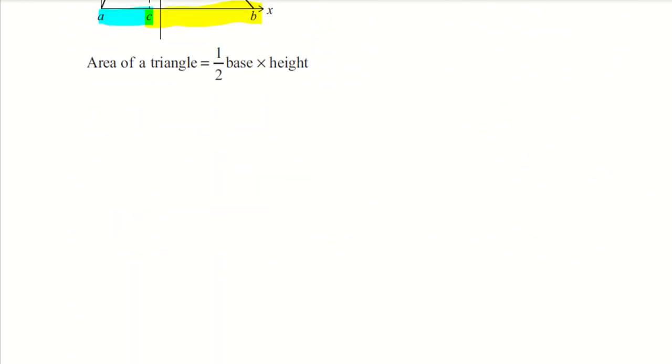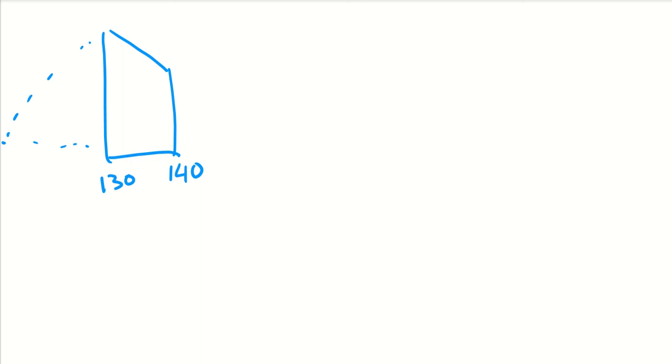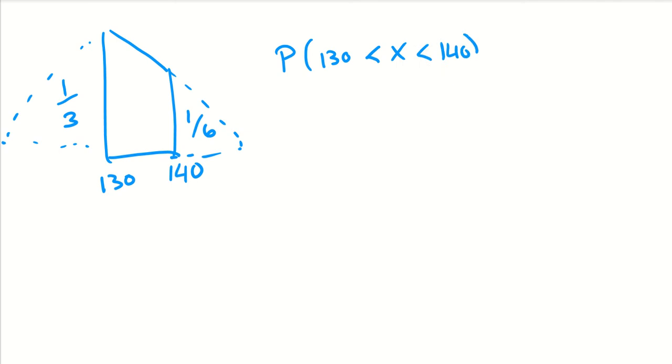So let me just jump down and find some space here. So what I want to do now is I want to find the area between 130 and 140. Now I know that this piece over here is a third. I know this piece over here is a sixth. And so I can say the probability of being between 130 and 140 is 1 minus a third minus a sixth.